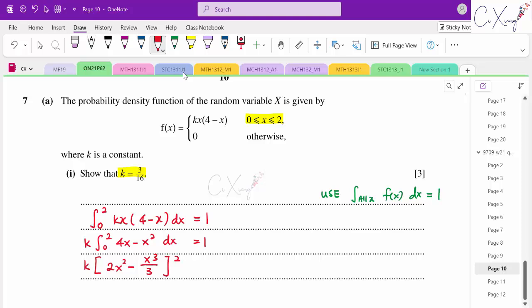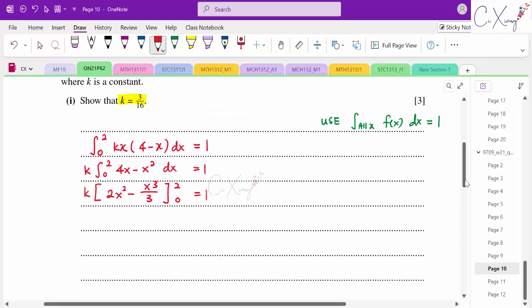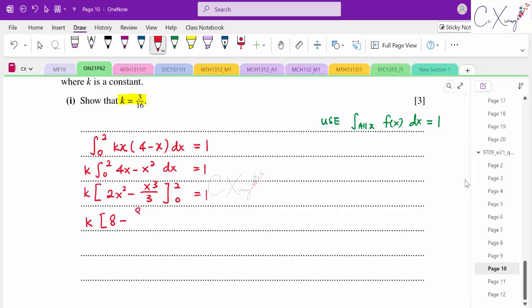The limits are 2 and 0. Then substitute the values: 2 squared times 2 is 8, 2 to the power 3 is also 8. Then 24 minus 8 gives 16 over 3. Therefore, we successfully get a k value equal to 3 over 16.